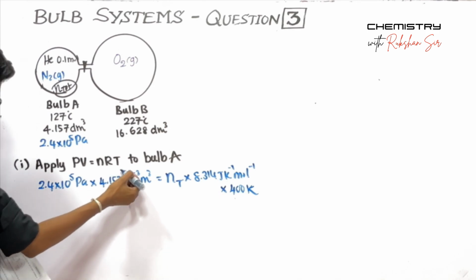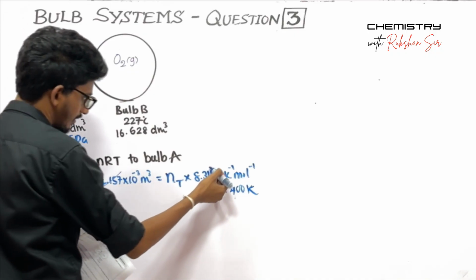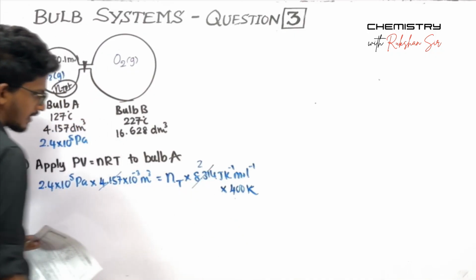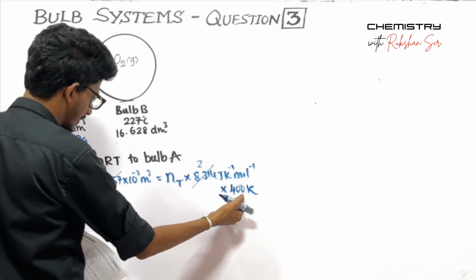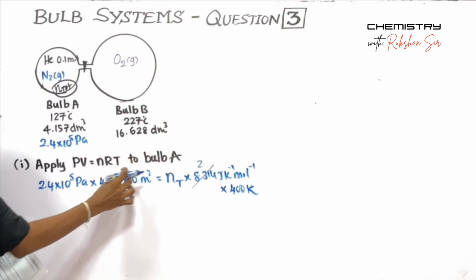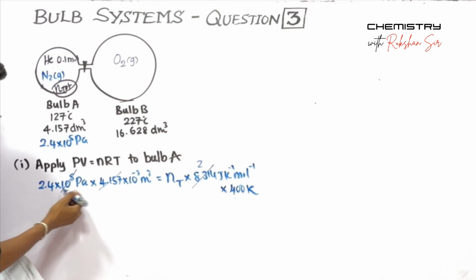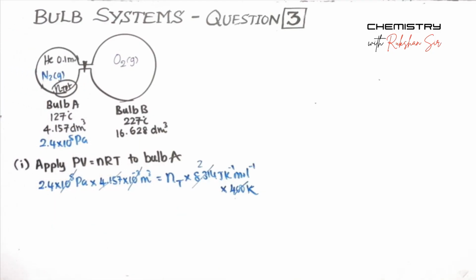So basically, these will cancel off. 4.157 is half the value of this thing, right? So what else? You have two zeros. Those two will come here as minus 2. So minus 2 and minus 3 is minus 5. So 10 to the power 5 is there. Those things will cancel off. Right?